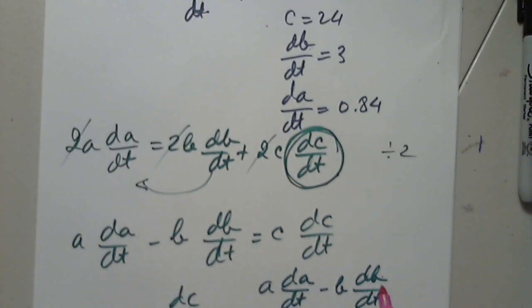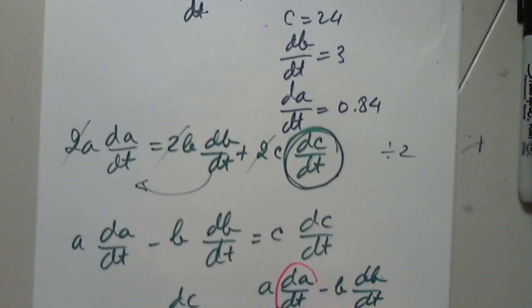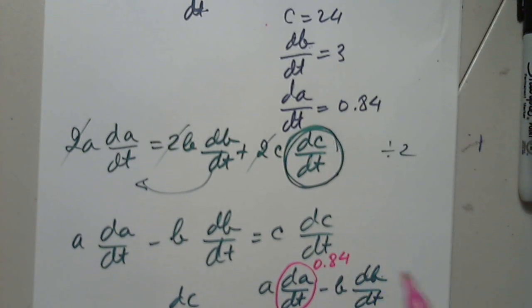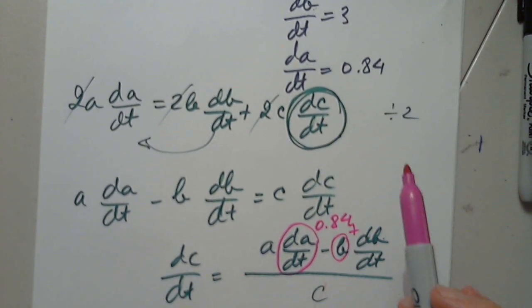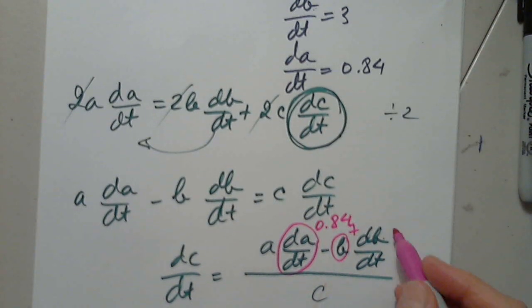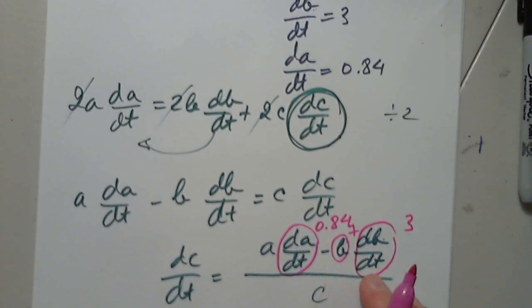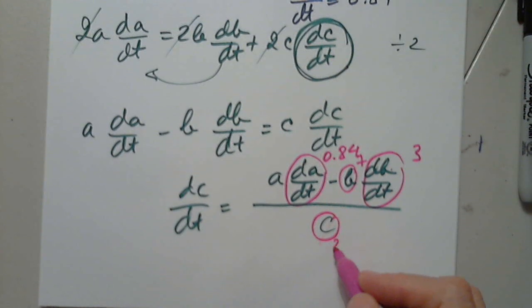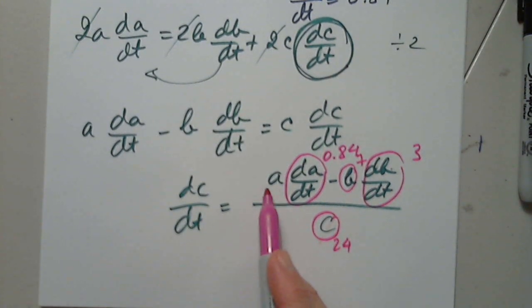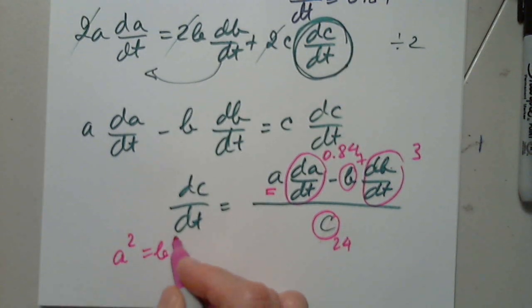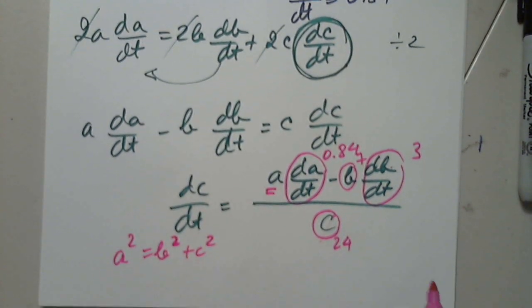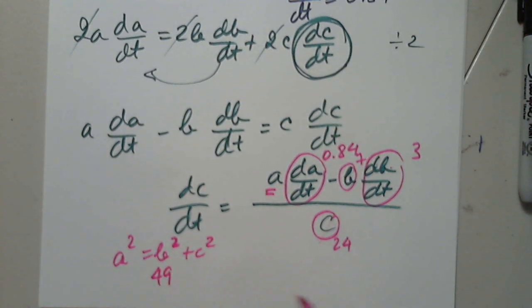So dA over dt is 0.84. B is 7. dB over dt is 3. C is 24. And you can say you're not given A. No worries, because I know that A squared equals B squared plus C squared. And I'm given B, that is 7 squared or 49.